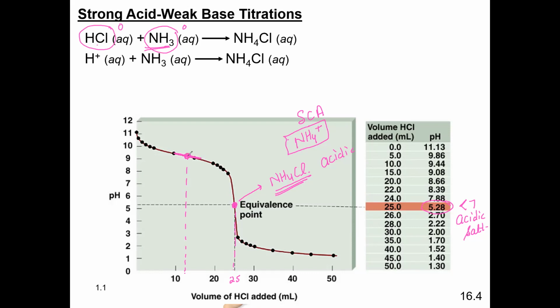So what are the properties of this half equivalence point, children? Can you write down here? A half equivalence point is the best buffer. Yes, Vinaya, good. pH equals pKa, and the concentration of the acid is equal to the concentration of its conjugate.